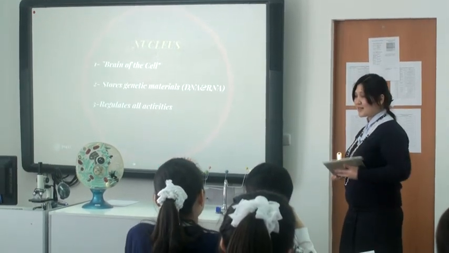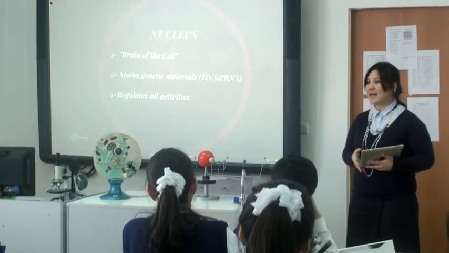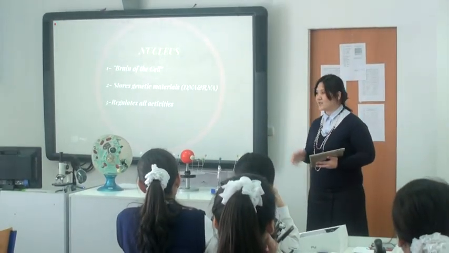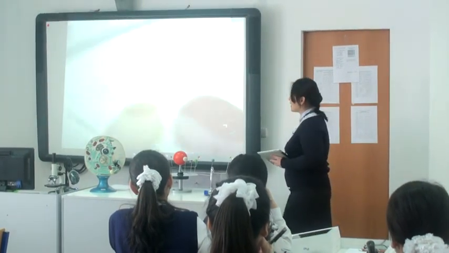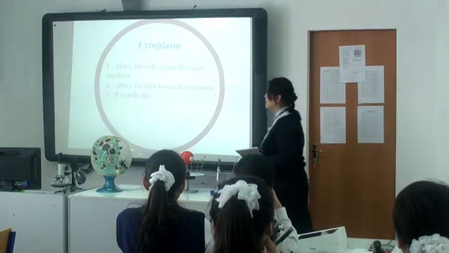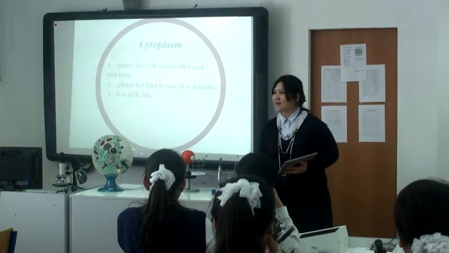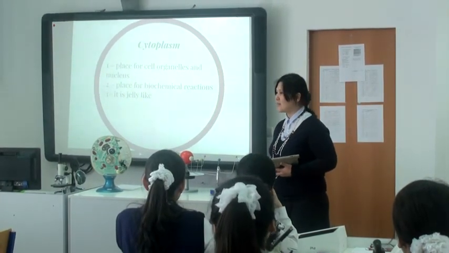Yeah? And finally, the nucleus helps to regulate all activities, all reactions inside of the micro world. Then the last main part is cytoplasm, the place for cell organelles and nucleus, and the place for biochemical reactions. Okay, processes are happening inside of this cell.